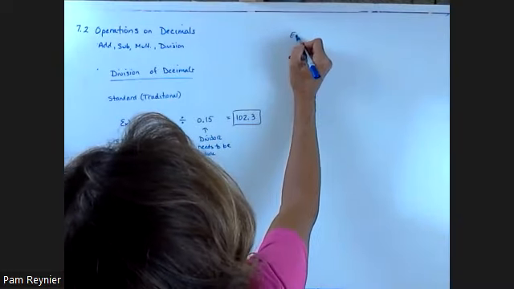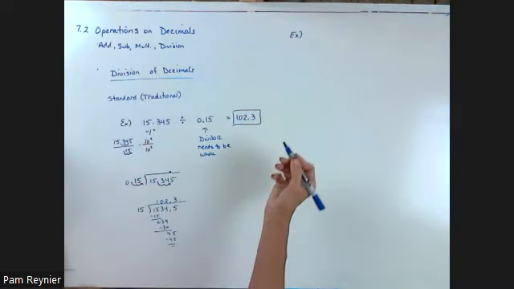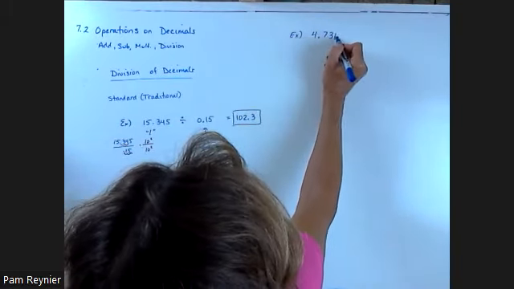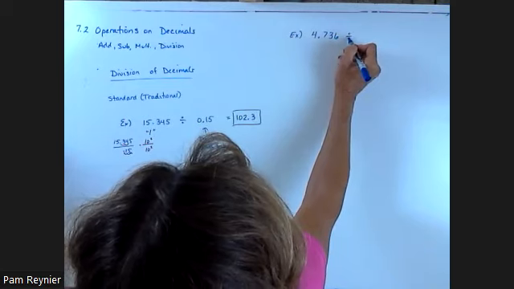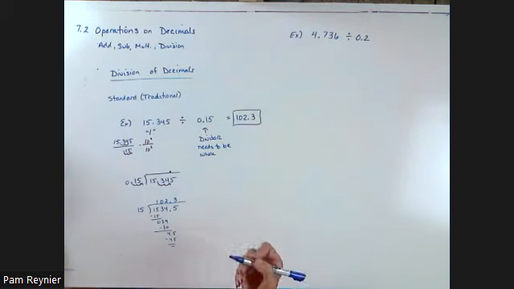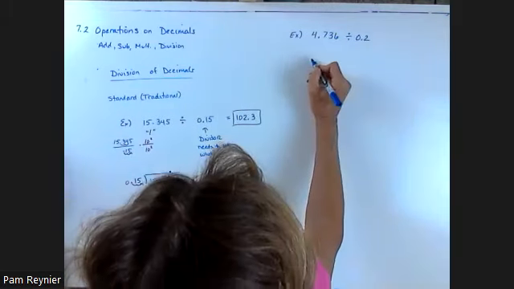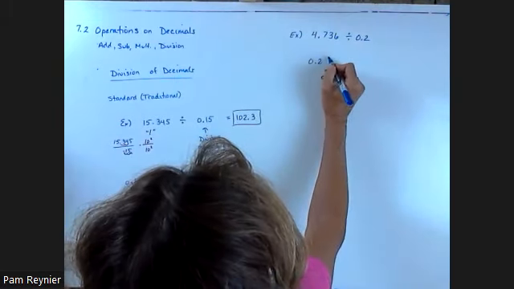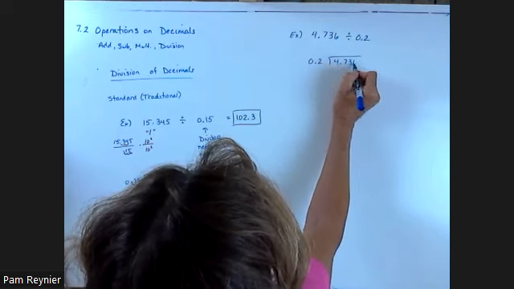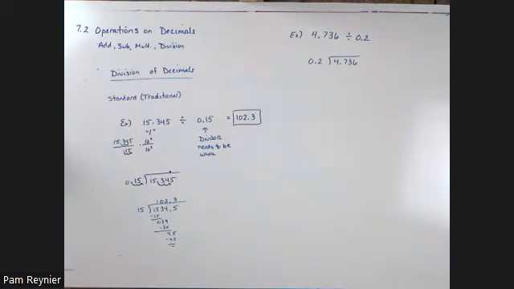One more just to round it out. So again, if I have 4 and 736 thousandths divided by 2/10, it's easier to divide by a whole number. So I'm going to take that 2/10 and multiply it by a power of 10.